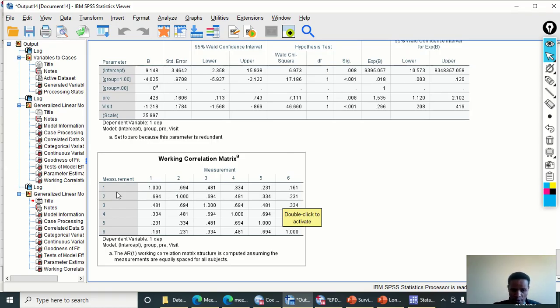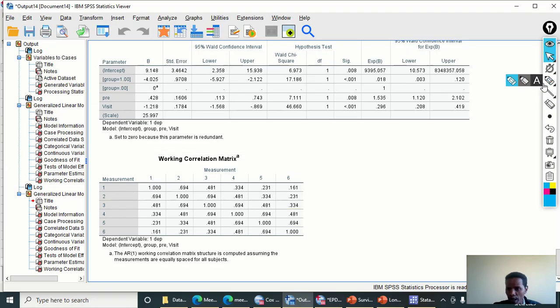Between 1 and 1, since it is correlated with itself, it is 1. Between 1 and 2, it is 0.69. Between 1 and 3, it is 0.48. Between 1 and 4, it is 0.334. You see, it is getting smaller and smaller as time goes on. That is how the autoregressive working correlation structure works.